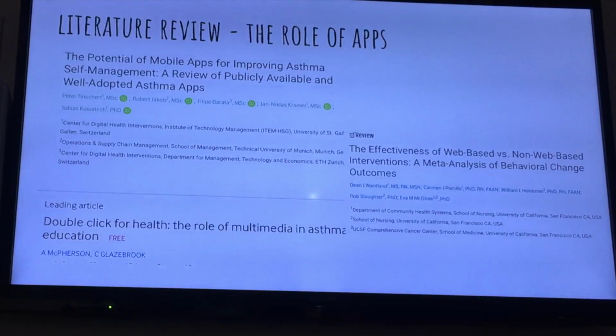In one of the papers that I looked at, a meta-analysis of 9 papers showed statistically significant improvement in the measured outcomes with interventions comprised only of an app, looking at things like diabetes, lung disease and cardiovascular disease.